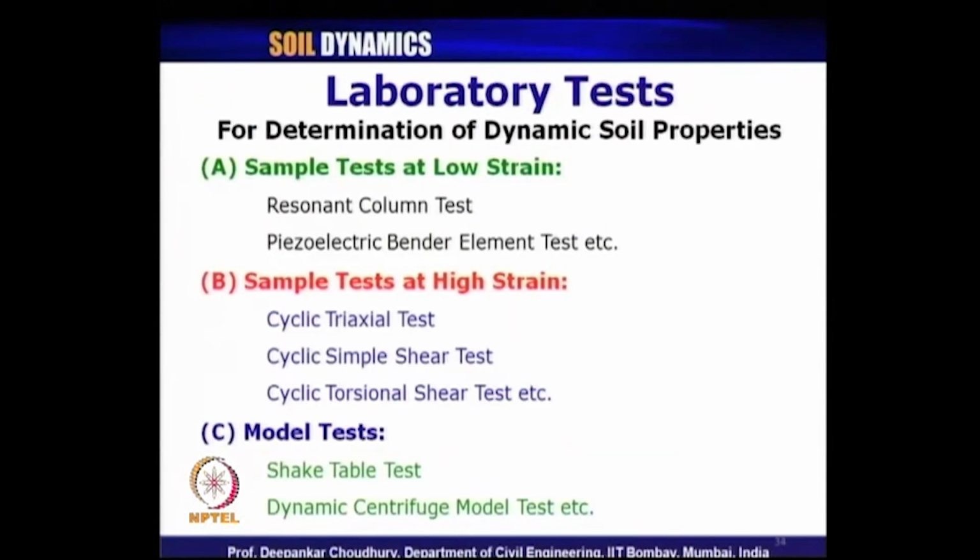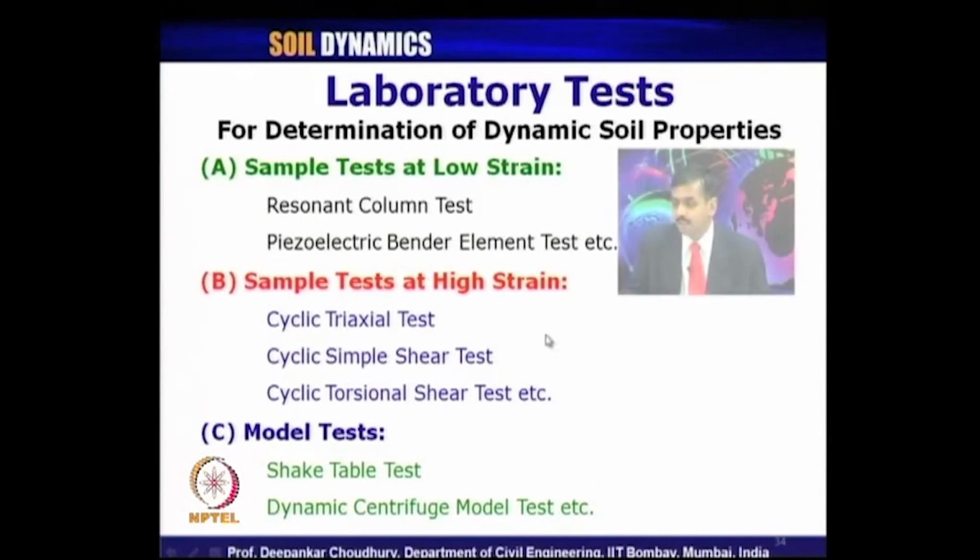Now, coming to another major category of test, which is laboratory tests for determination of dynamic soil properties. Common laboratory tests for determination of dynamic soil properties can be classified in 3 major subcategories.